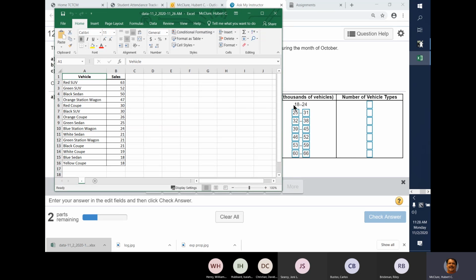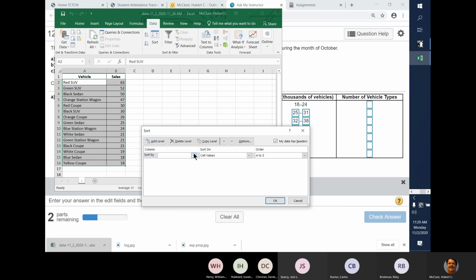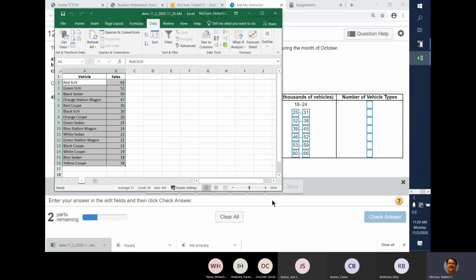Well, I'm going to put these in order by column B. Data, sort by column B. All right, 18 to 24.